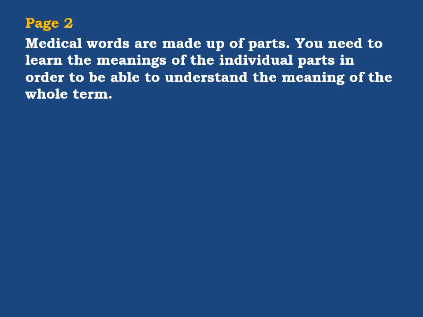So a medical word, mostly, is of more than one part. Sometimes it is only one, but mostly it is more than one part. So you need to learn the meanings of the individual parts in order to be able to understand the meaning of the whole term.